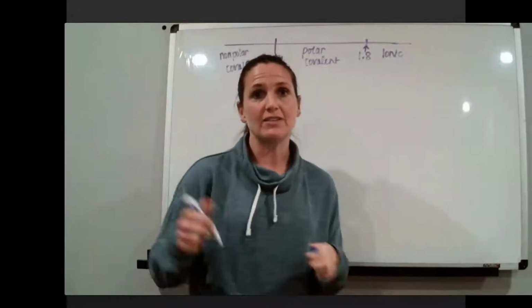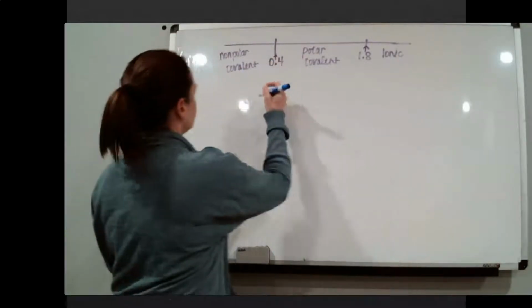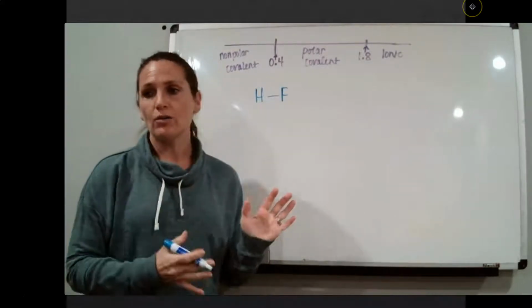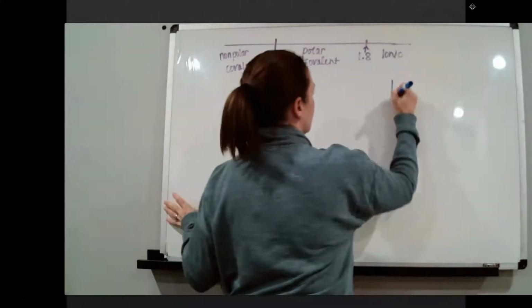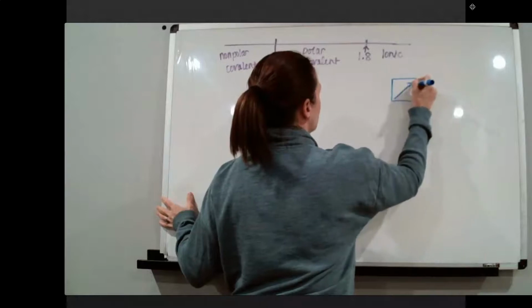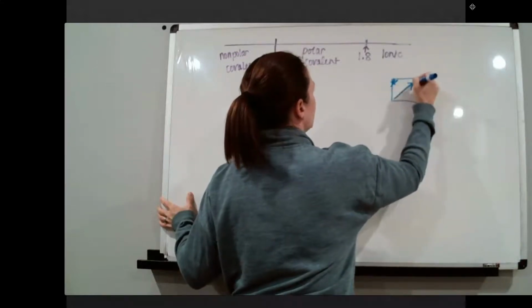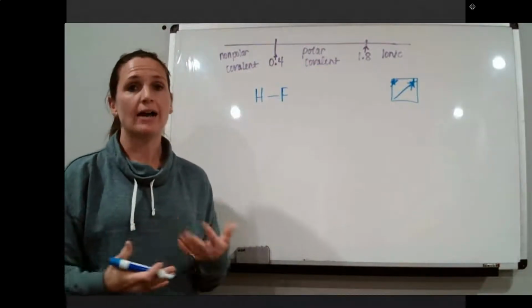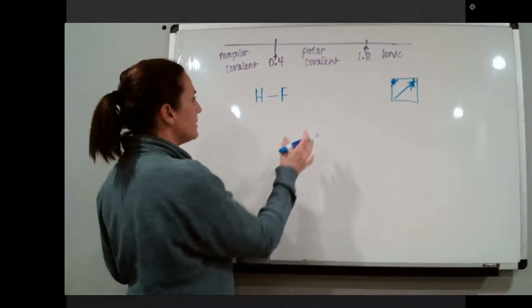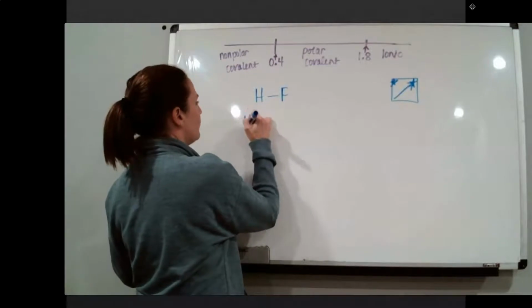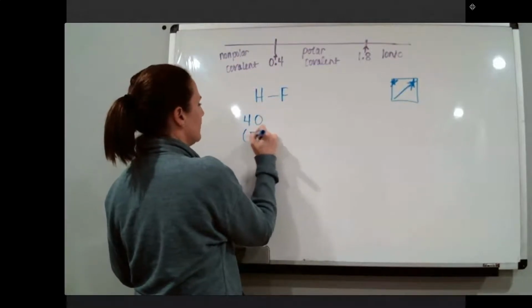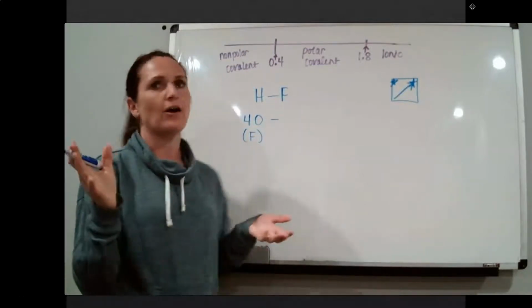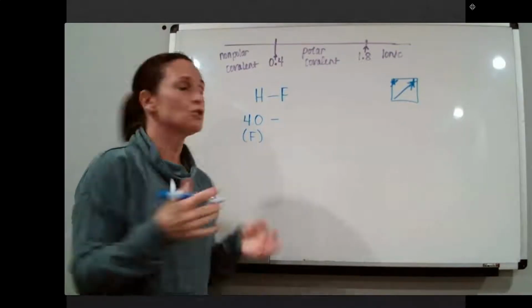Fluorine's electronegativity value is 4. We know that the trend takes us up and to the right. Hydrogen is here, fluorine is there. Fluorine is going to have a higher electronegativity, so I'm going to put fluorine's value first: 4.0 for fluorine, minus the value for hydrogen, which is 2.1.